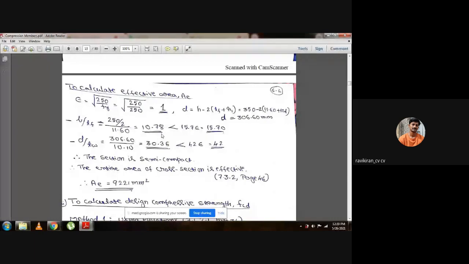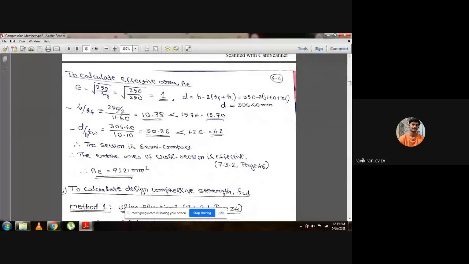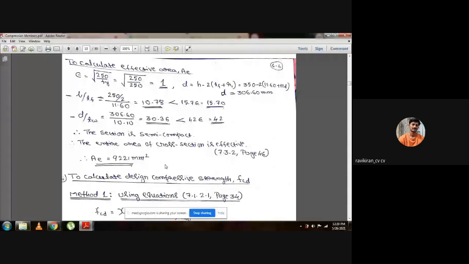Same way, depth or web height to thickness of the web is 30.36, which is less than 42. So we considered the section is semi-compact. All this we have studied in the last class. So effective area we have taken is 9221 mm square, which is available in the steel table itself.